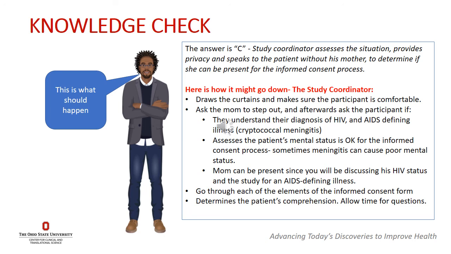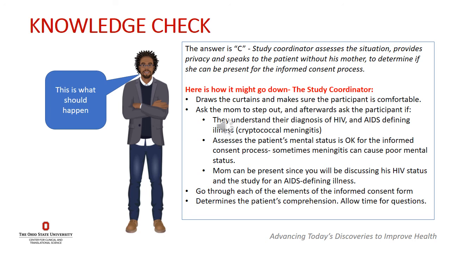She assesses the patient's mental status, making sure it's okay for the informed consent process, because sometimes meningitis can cause poor mental status. And she asks if the mom can be present, since she's going to be discussing his HIV status and the study for an AIDS-defining illness.